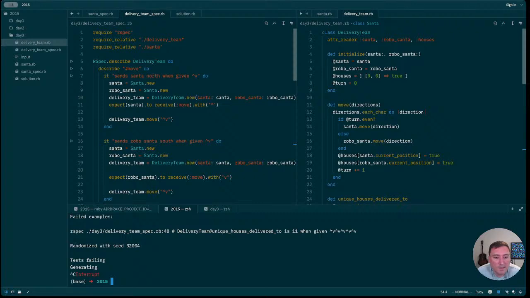I was thinking with dependency injection we could get away with not having to pass in the definition of the Santa class, but it looks like that might not be the case. I'm not sure.